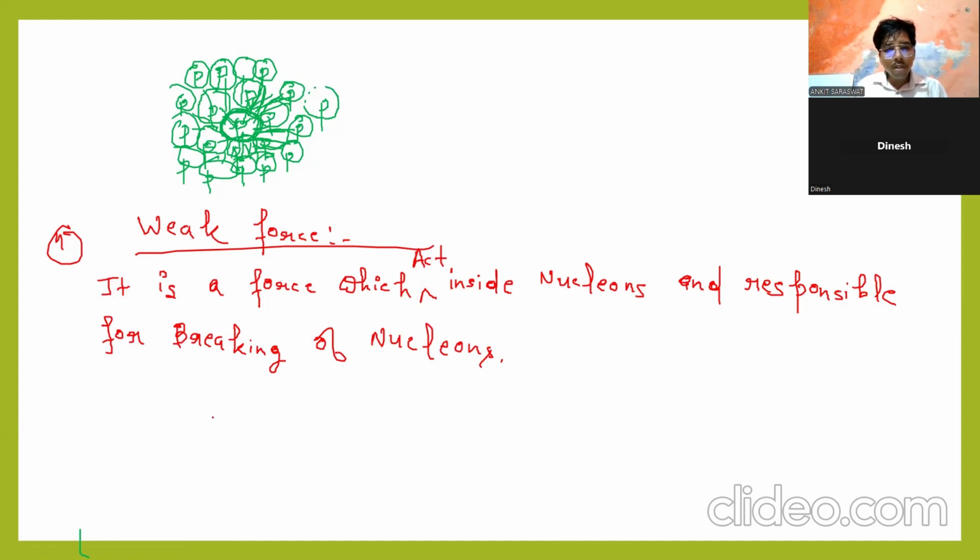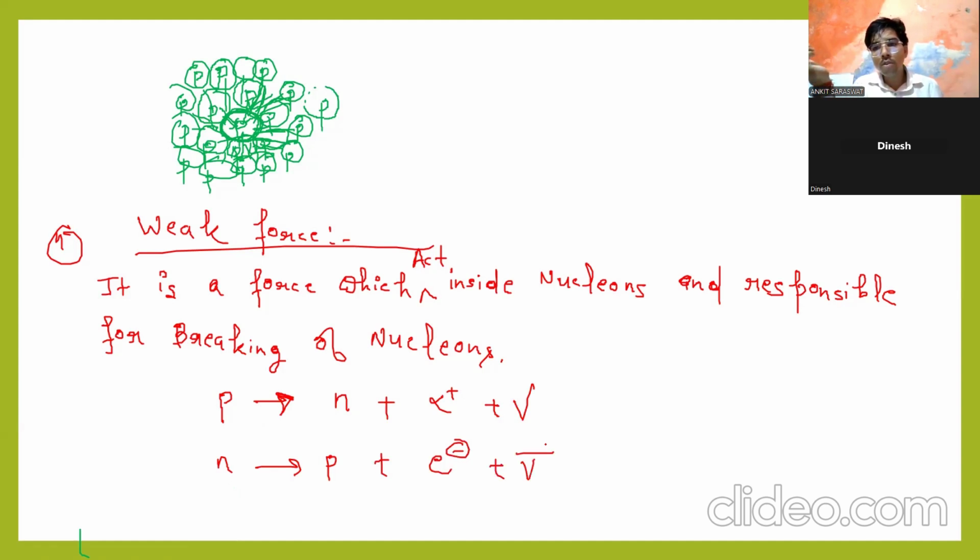So what is happening because of this weak force acting inside the nucleus, within the proton? Because of this force, this proton is converted to a neutron, releasing some particles like a positron. Proton is converted to neutron because of this weak force, and neutron is converted to proton.